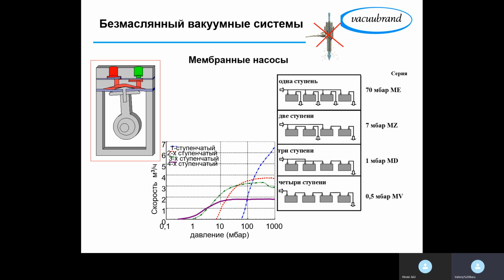Because if you have an application which requires 1 millibar and you buy a pump that can go down to 1 millibar, you will never reach 1 millibar because there is always a leak inside the system. Always. Unless you have an extra super highly sealed system.